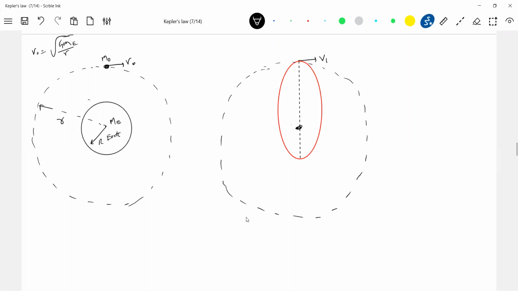What is the speed? This is v1, less than v0. In fact, if the speed had remained constant, it would have been revolving in this circular orbit.